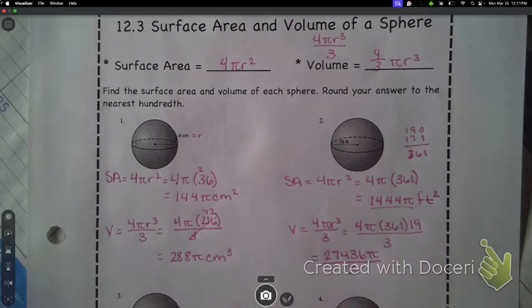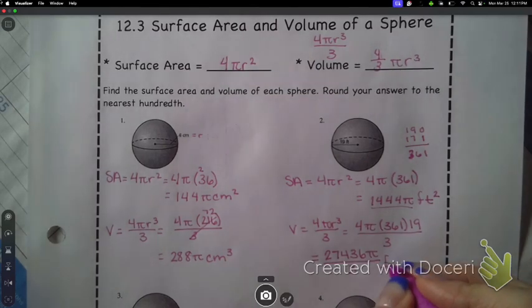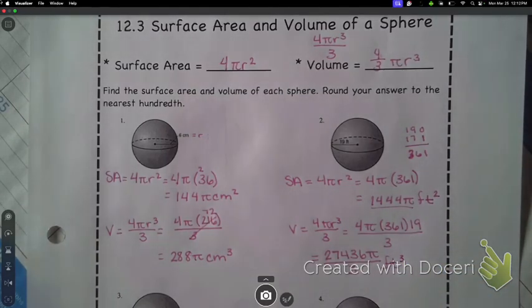If you only did the 19 cubed, just 6,859, and then divide that by 3, it's 9,145.33. Yeah, we're just going to leave it like that. Feet cubed.